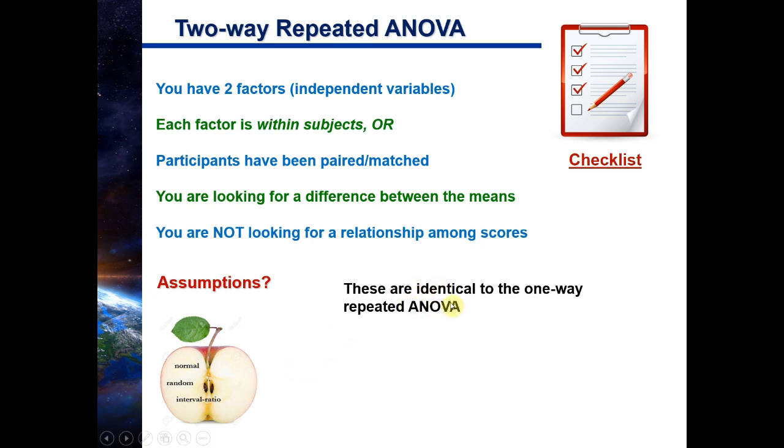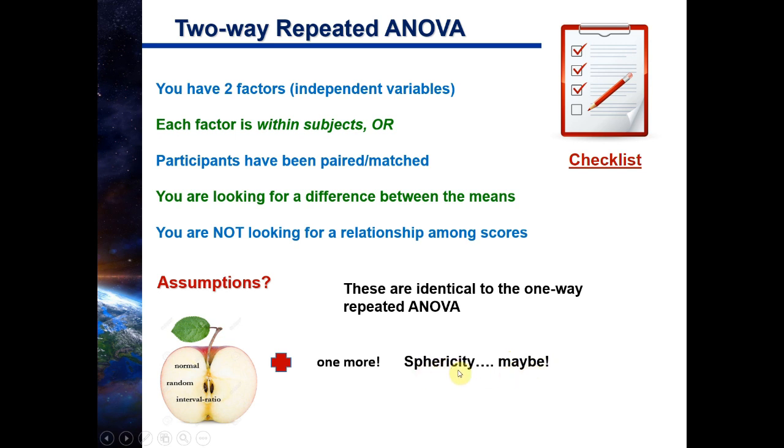These are identical to the one-way repeated ANOVA, but do you remember there is that plus one more for the one-way repeated ANOVA? What was that plus one more? Sphericity. Now I'm saying maybe.